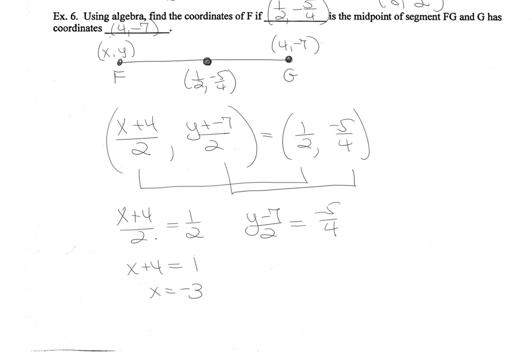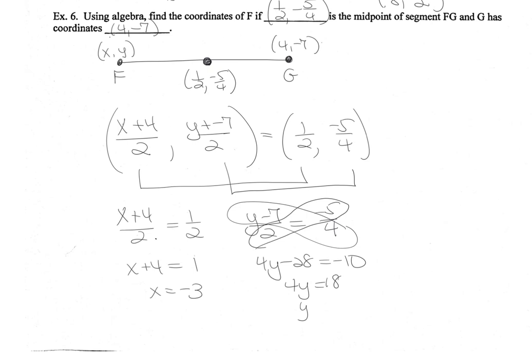This time I'll multiply both sides by 4, also known as cross multiplying if you want to do it that way also. So 4y is equal to 18, and then y equals 18/4, which would reduce to 9/2. So our answer for coordinate F is -3, comma, 9/2.